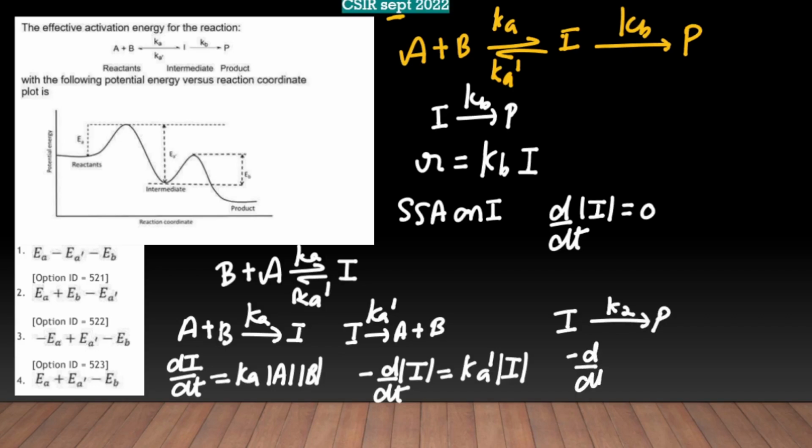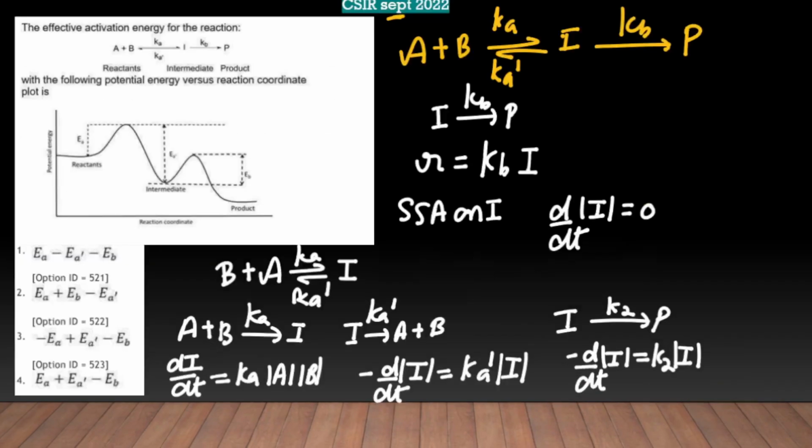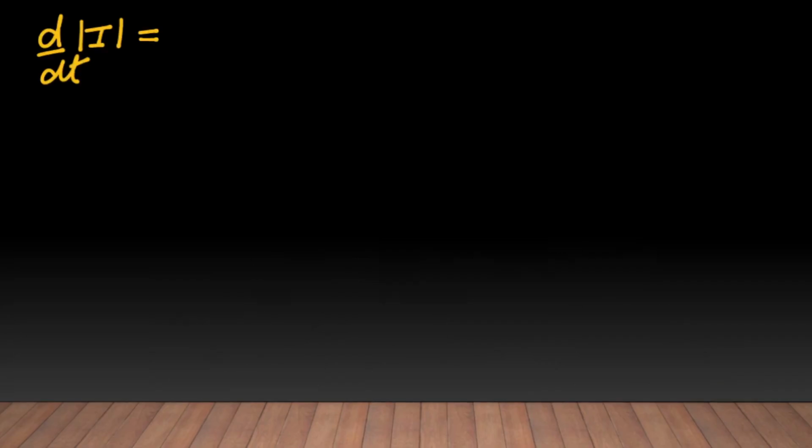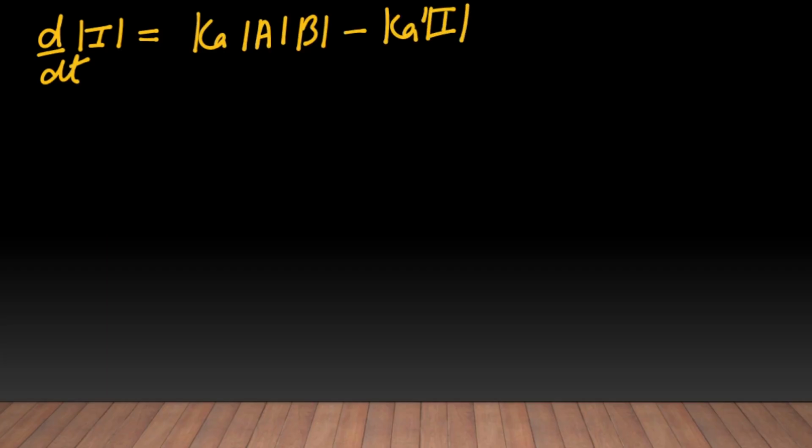So minus d by dt of the I is equal to K2 times the I, right? So combine all of this and d by dt value of the I will be equal to Ka times the A into the B, minus Ka dash times the I, and minus K2 times the I of it. This is equal to 0.